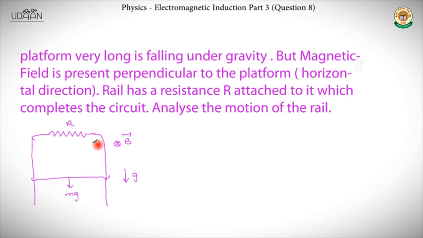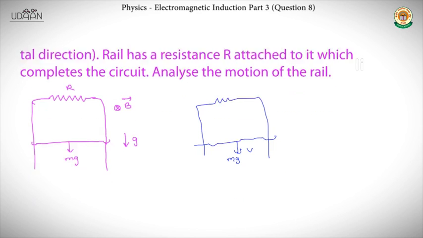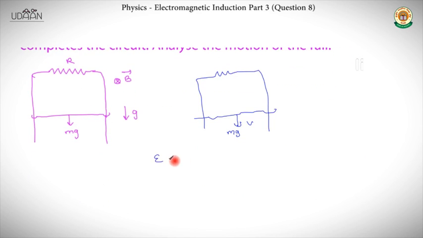If you see the rail, what happens is when this is going to move at any time, if the rail has a velocity v, there will be an EMF of BLV induced in the circuit, right?